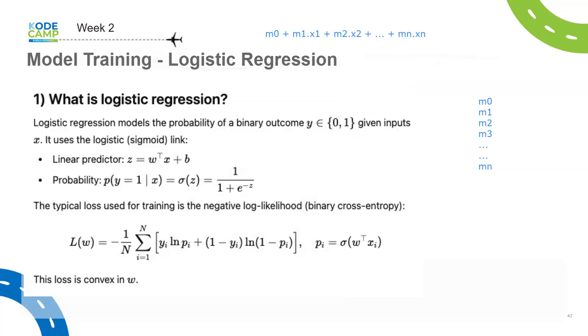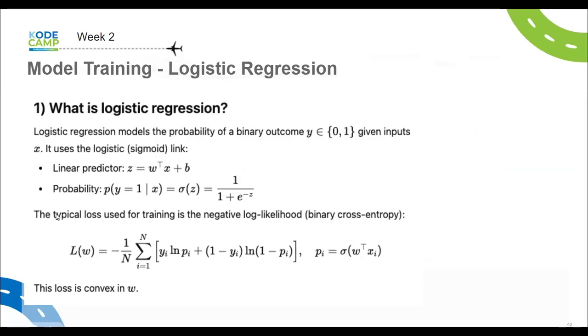Typically, binary outcome means that you can have one of two values, either 0 or 1, either true or false, either yes or no, either good or bad.